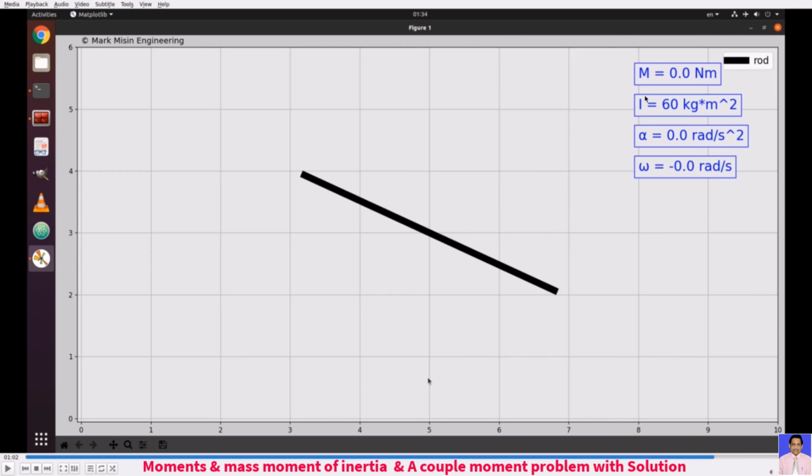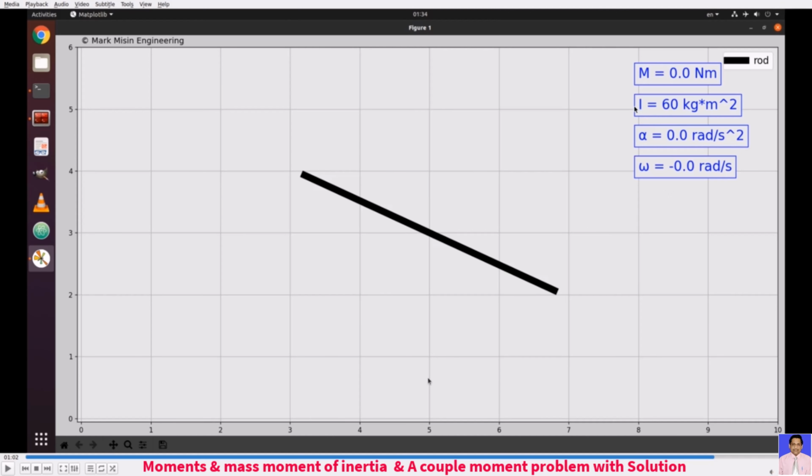Because remember, the mass moment of inertia is resistance to angular acceleration. Because of the fact that your moment stayed the same, but your I is greater, your alpha is smaller, so during the same amount of time, your omega will also end up being smaller.